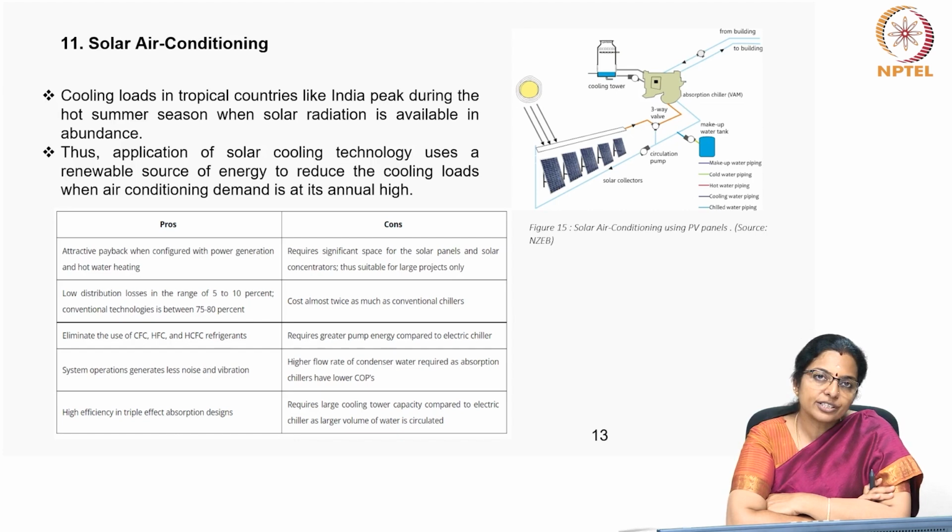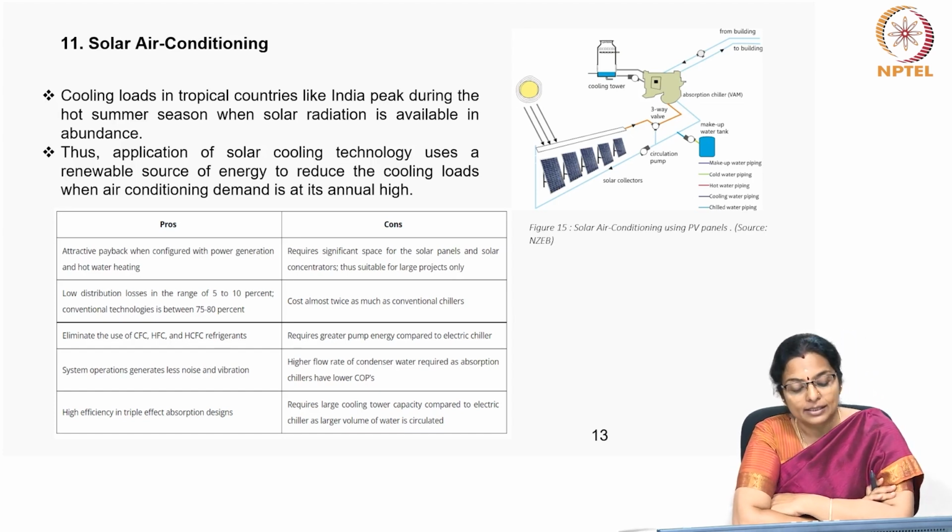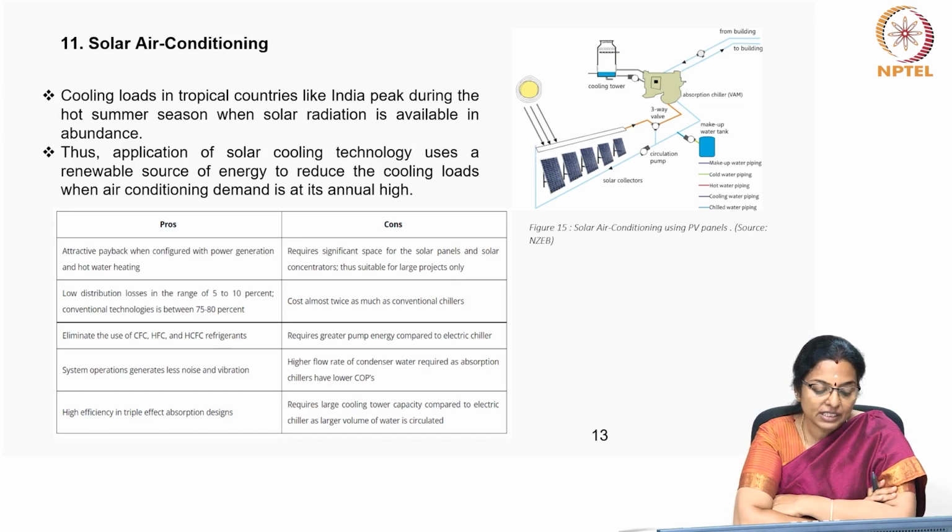It has low distribution losses and ranges only between 5 to 10%, whereas in conventional technology, it is between 75 to 80% sometimes. It eliminates the use of greenhouse gases like CFC, HFC and HCFC refrigerants.